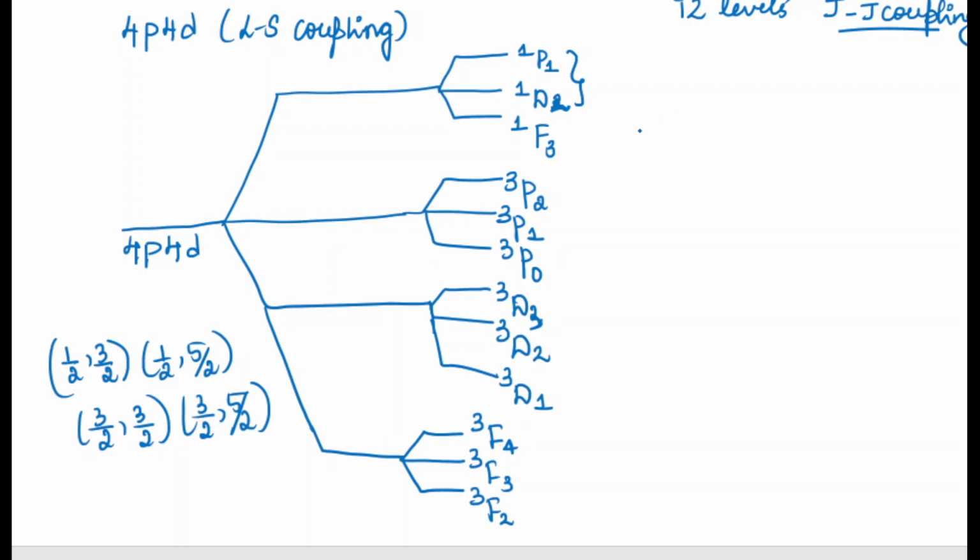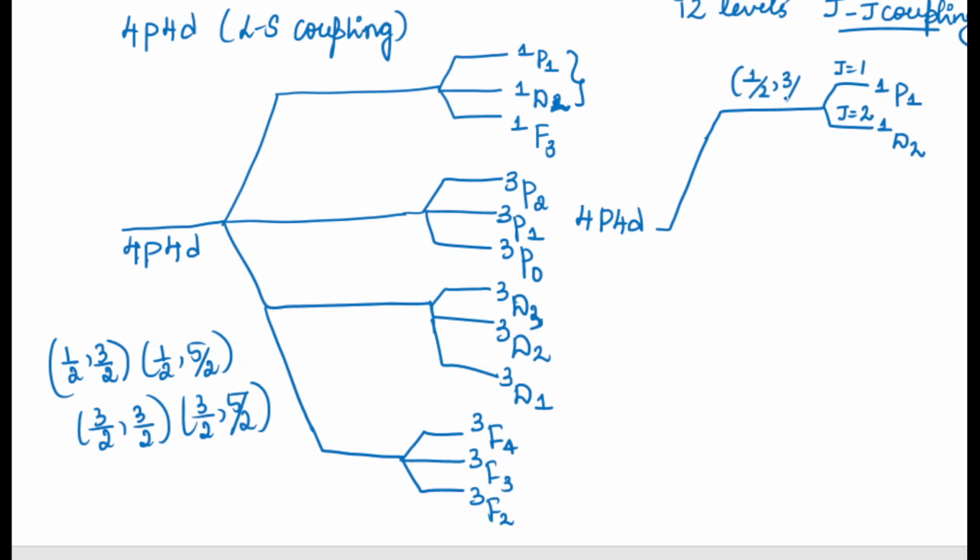So this energy, that is 4P and 4D, is completely given by 1P1, and here we have a 1D2. The J value here is 1, and here the J value is 2. Okay, I hope this is clear to you. And we are having the combination 1/2 and 3/2.